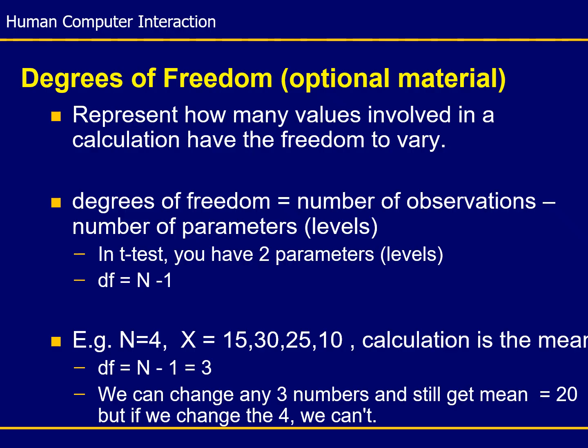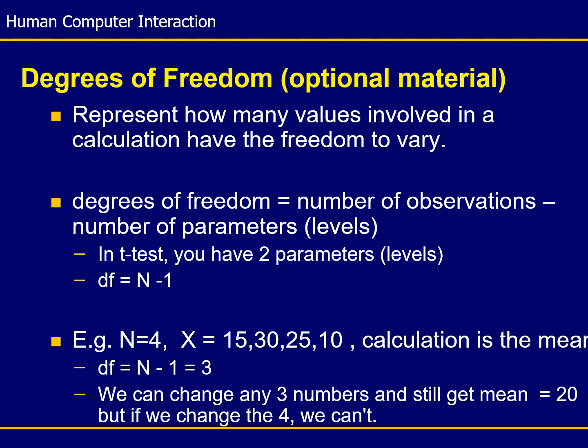It represents how many values involved in the calculation have the freedom to vary. This is the very broad definition. Degrees of freedom equal the number of observations minus the number of parameters or levels. So in the t-test you have 2 parameters, and consequently you will have n minus 1 as the degrees of freedom.